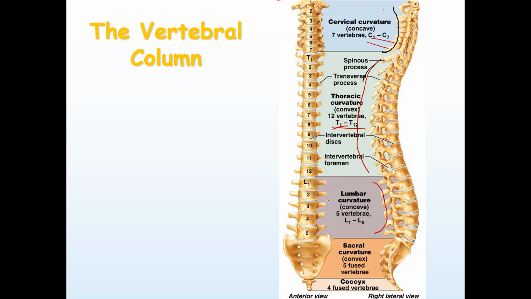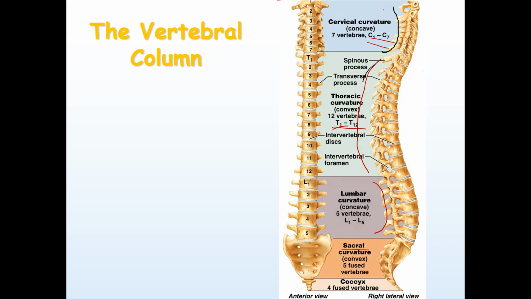There are 5 vertebrae, so the lumbar vertebrae are the fewest, L1 to L5, okay? Below that, the last part of your vertebral column, I should say, is the sacral region. This part joins the 2 parts of your pelvis together.